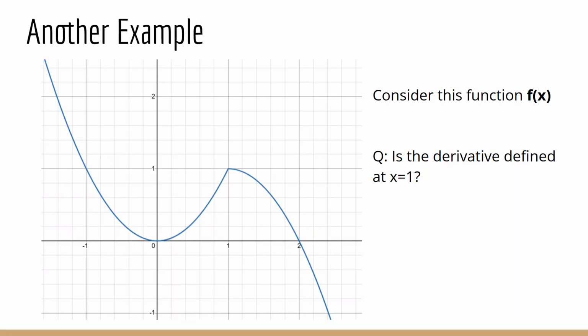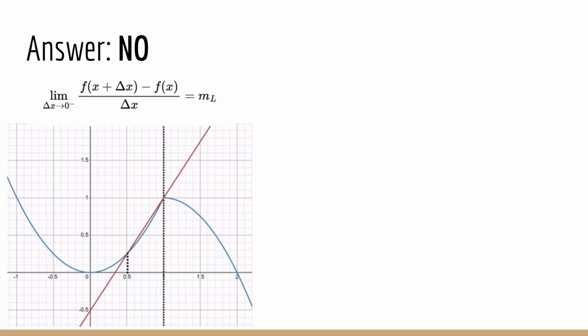But think of this question: is the derivative of this function well defined at x equals 1 or not? The answer is no. Why? Let's consider estimating the gradient at that point as we take the point from the left. So we go from the left to x equals 1, and our gradient will basically be something like this.